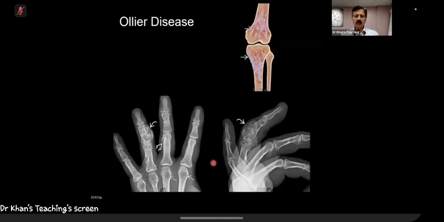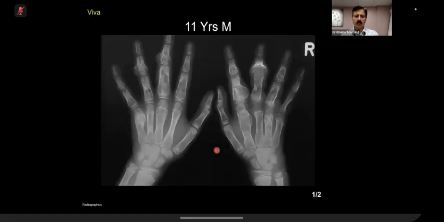There is a rate of malignant transformation in literature, and there is a bit of controversy about the rate of malignant transformation. But having said that, you should just know what Ollier's disease is, and they might show you a case with malignant transformation.